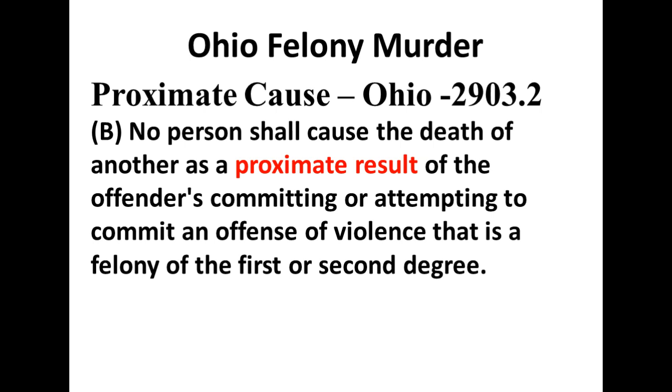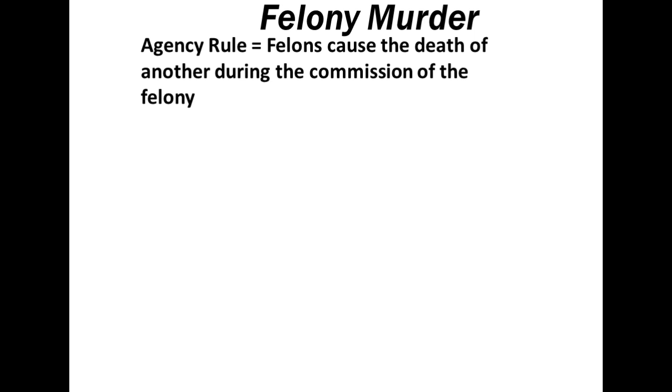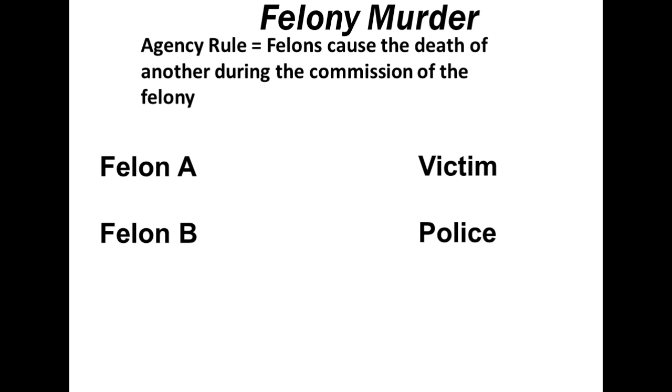So let's take a look at how this agency and proximate cause rule plays out. The agency rule says that the felons have to cause the death of another during the commission of a felony. So we've got felon A and felon B. We've got the victim, who the felons are committing a felony on, and the police, who come to the scene.